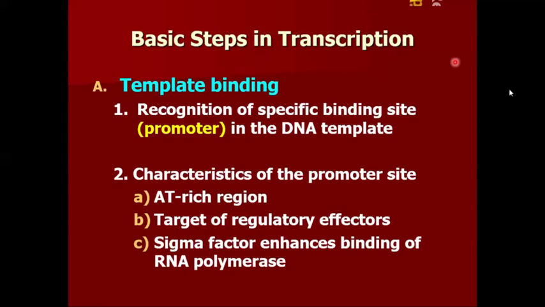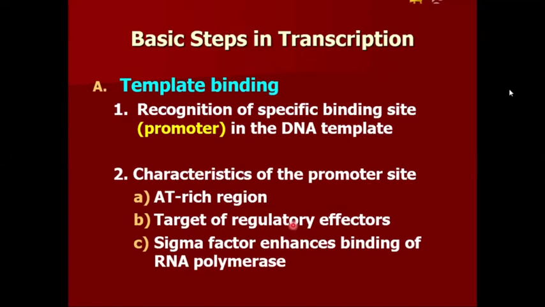Okay? The reason is the same. Okay? AT-rich regions are easier to unwind, and they are targets of regulatory effectors. So regulation of gene transcription happens at the level of the promoter site of the gene.